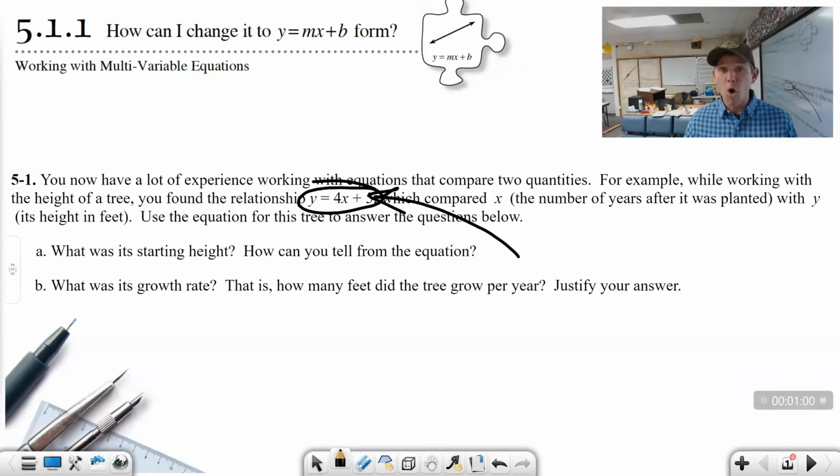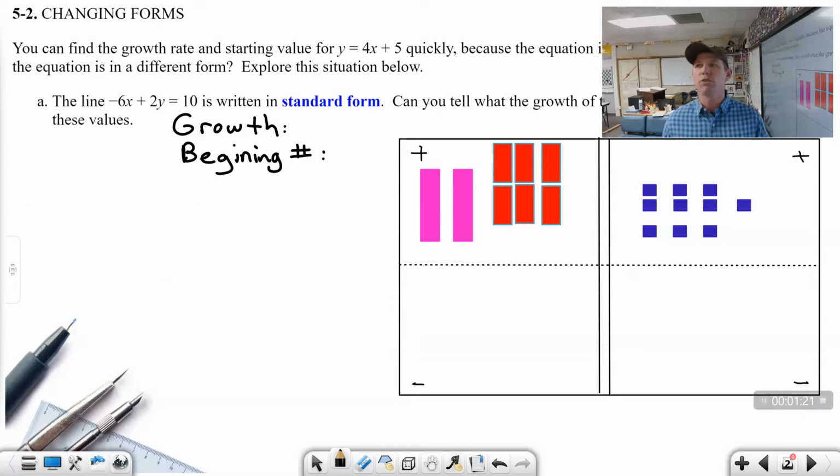Well, it's 4. How do you know? Well, it says so. Guys, it's supposed to be that easy. You look at the equation and you say the beginning value is 5. How do you know? It says so. What's the growth? 4. How do you know? It says so. The growth is 4 because it's hanging out with the x. It is supposed to be that easy.